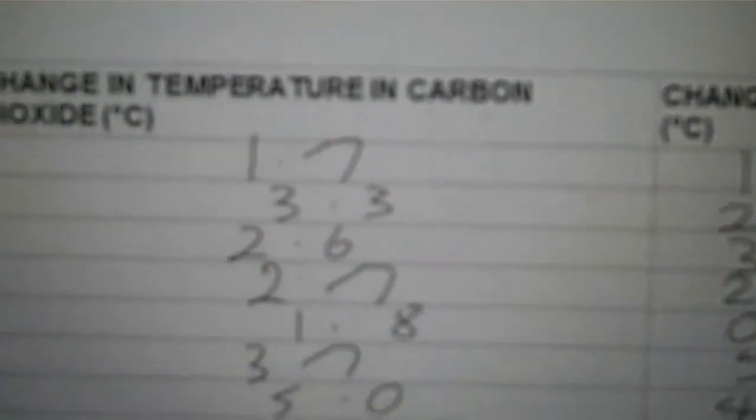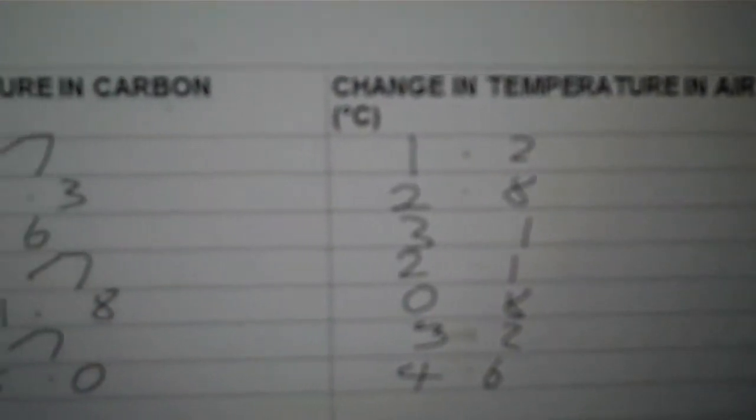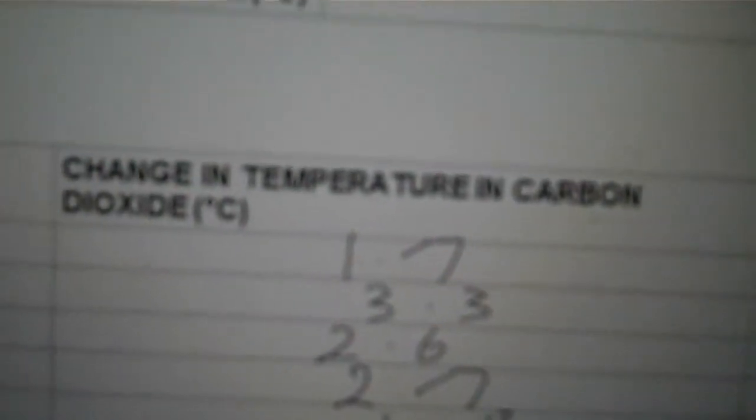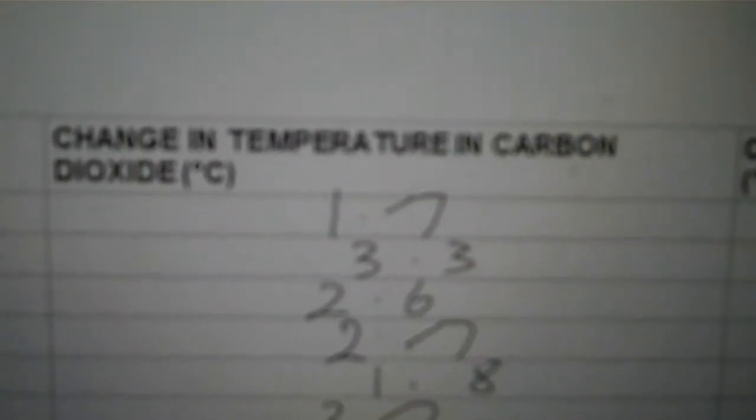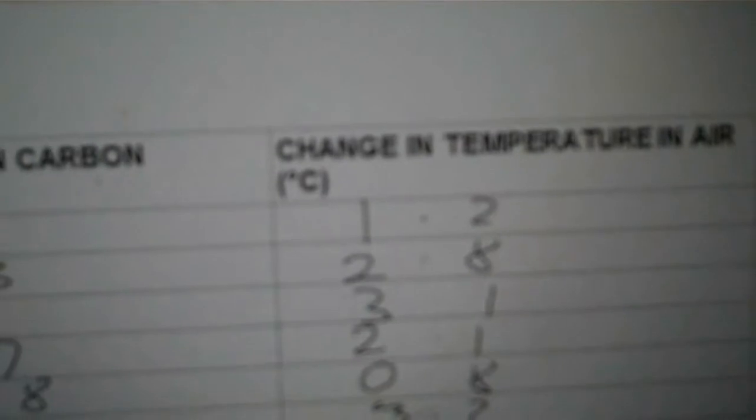So this was our setup right here. Looking at the class data, we found that the change in temperature in carbon dioxide was higher than the change in temperature for air. And that's because carbon dioxide is much better at trapping heat than air is.